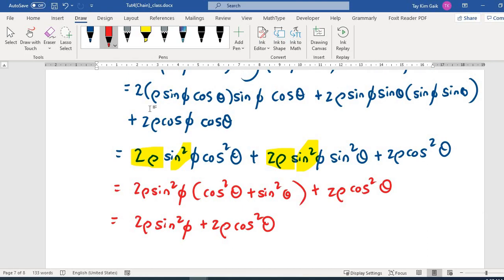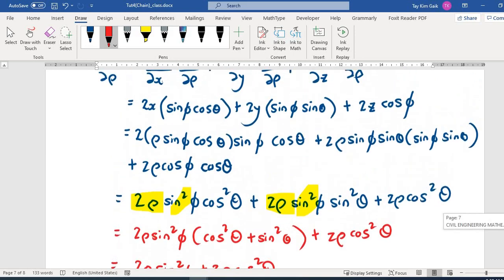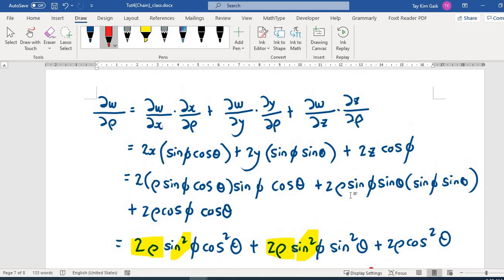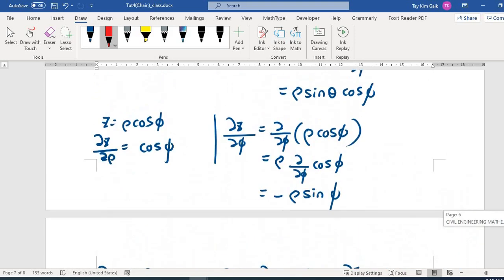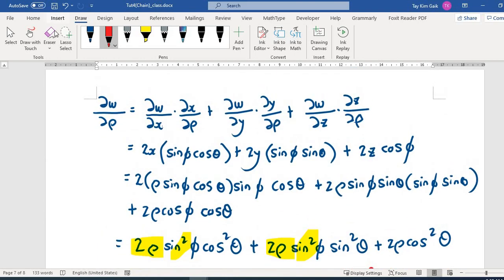X is rho sin phi cos theta. Okay, z. Del w del z is 2z. Z is actually rho cos phi. Del z del rho, mistake. Del z del rho is cos phi. This one here is a mistake.